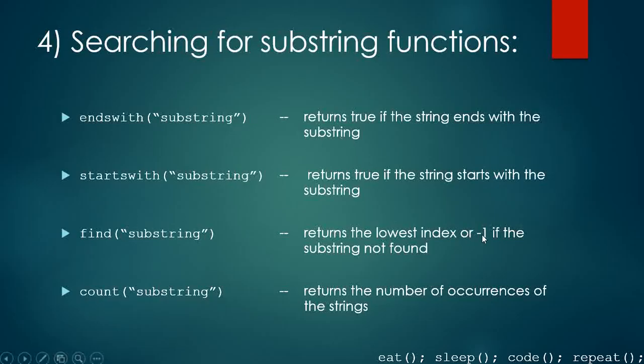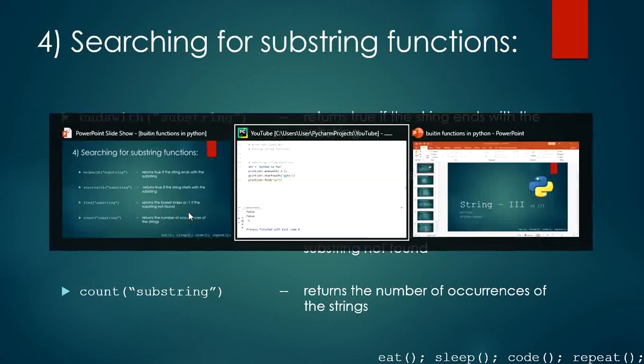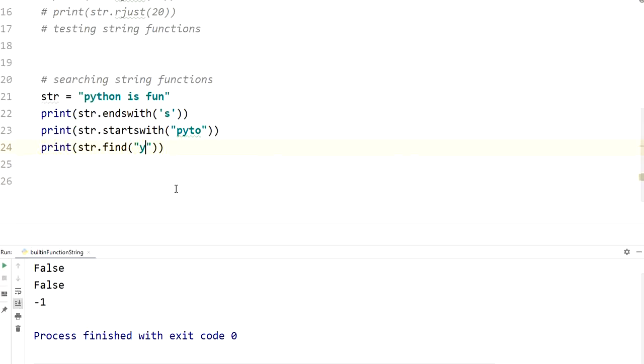It will give us -1 if it is not found, and let's see what it gives when we have it in the string. Let's try ython. Does my string have ython? It will give me 1 if it is there in my string. This is important: this is not true or false. Find will return me -1 or a positive index.